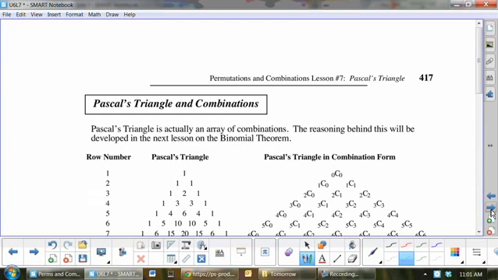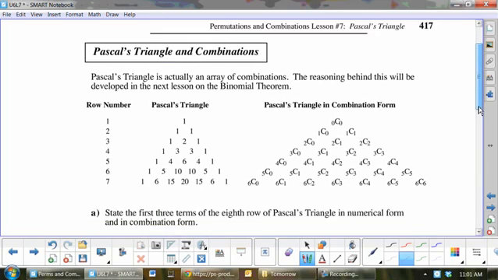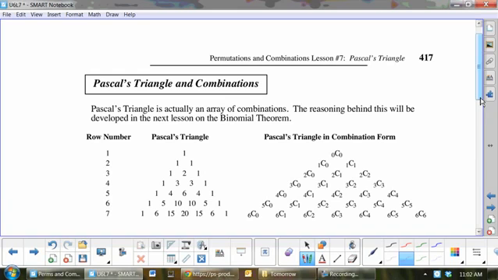Okay. Now here is the part that is going to make your life much easier. Do you see that arrangement is all your combinations. Okay, can anyone give me a generalization between row number, Pascal's triangle, exponents? Because this is x plus y to the 0. This is x plus y to the 1. Oops, I guess I should write an x. And this is x plus y to the 2.